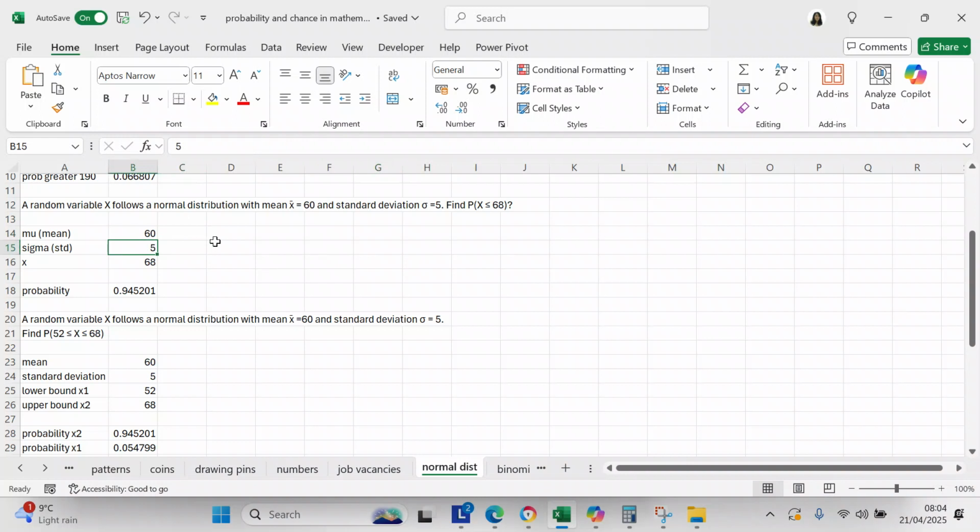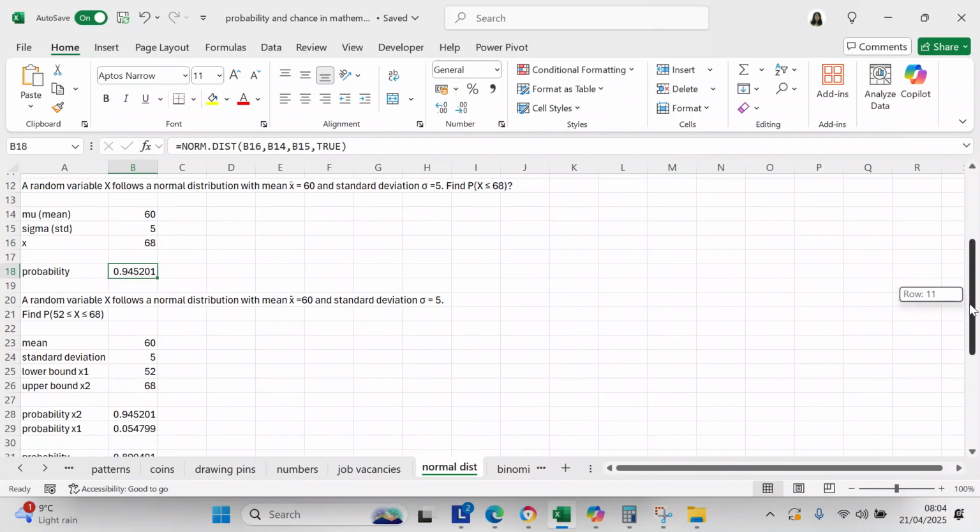And sigma, your standard deviation, is 5. And x, the value that we're looking for, is 68. So the probability is NORM.DIST, brackets, B16, comma, B14, comma, B15, and TRUE, which means you get your cumulative distribution function.